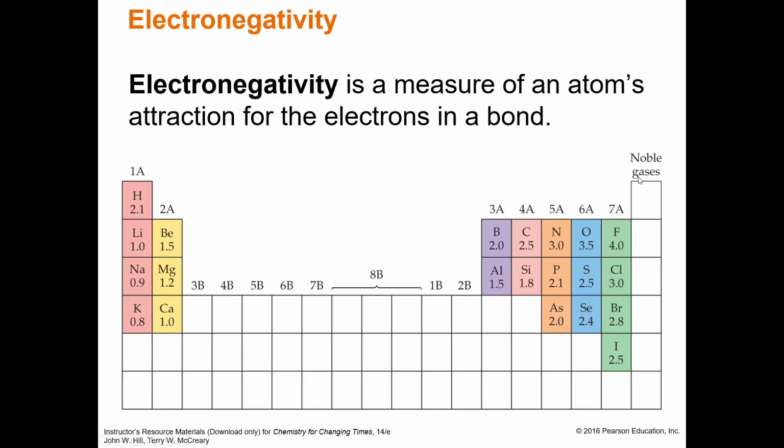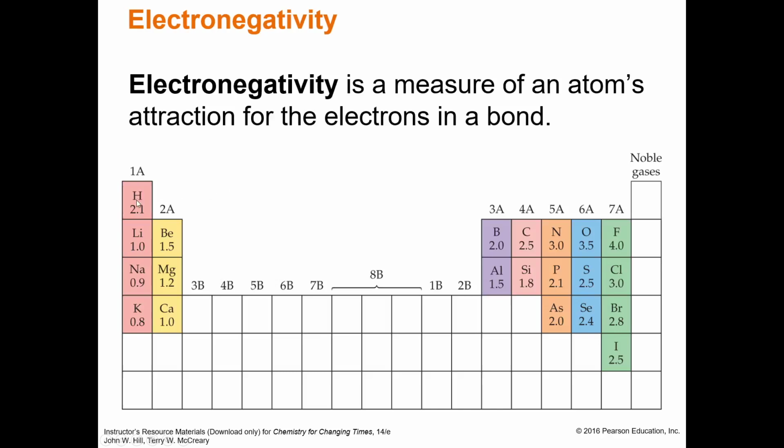All right, notice by the way that the electronegativities do not show up on the noble gases. Noble gases do not have electronegativity, and that's because they don't bond. And remember, it's how much it attracts the electrons in a bond. So it has to bond to do this. Please note also that hydrogen sort of bucks the curve.